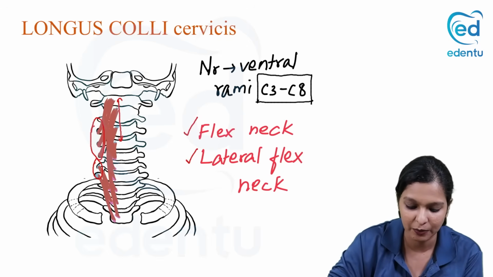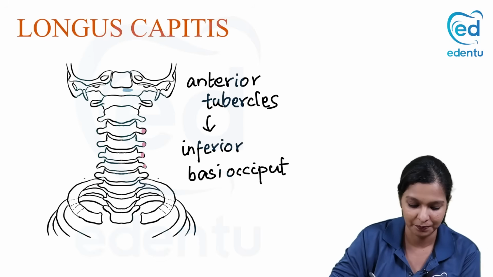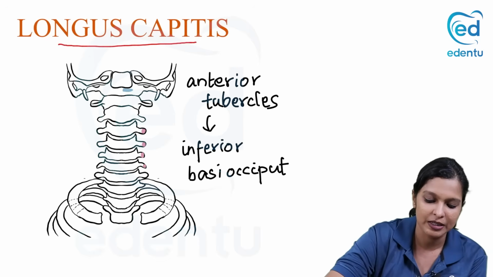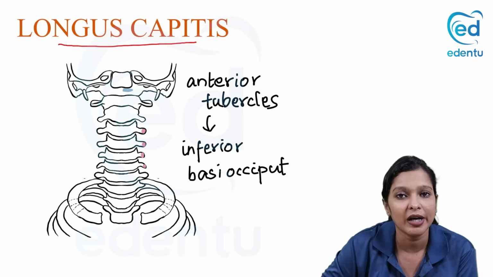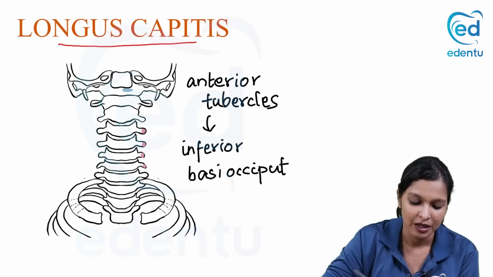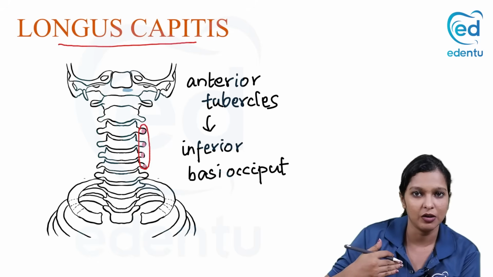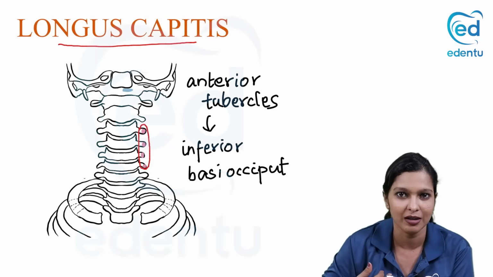The next muscle that we will be seeing in this region is called longus capitis. Now let's take a look at its origin and insertion. It originates from here. I told you muscles originate at a lower, caudal level.